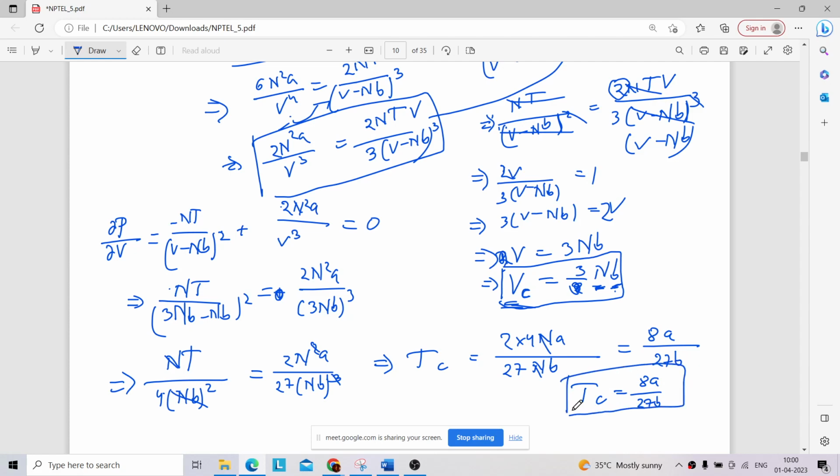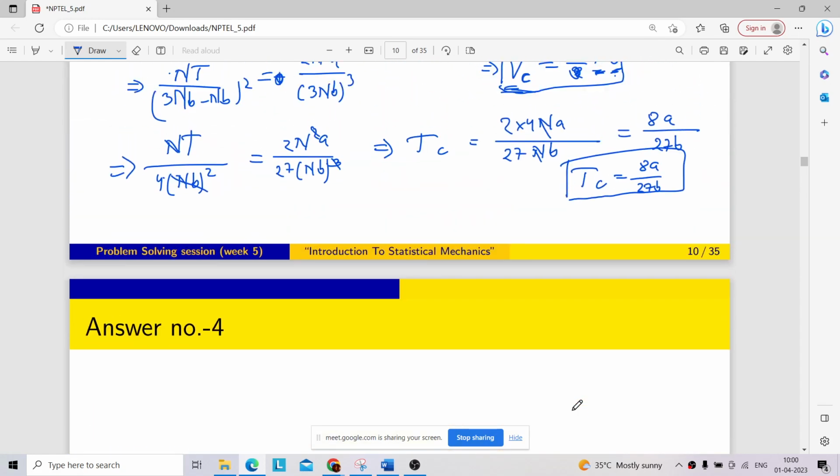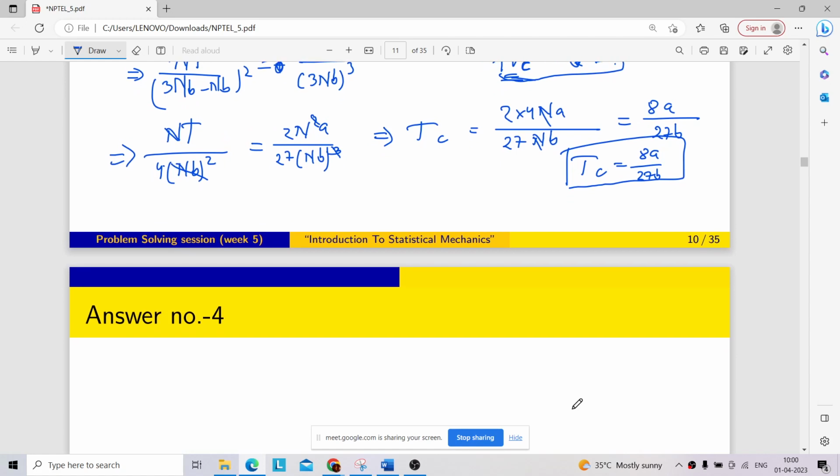Right. Now we need only PC. So for PC, I can use the Van der Waals equation, like P plus n square A by V square into V minus NB equal to NT.